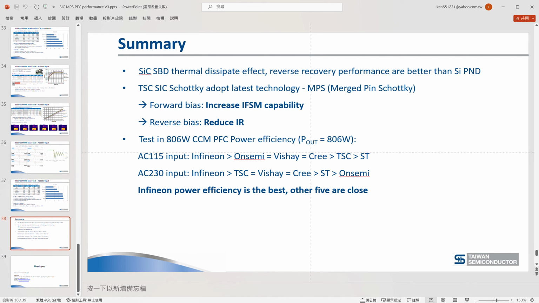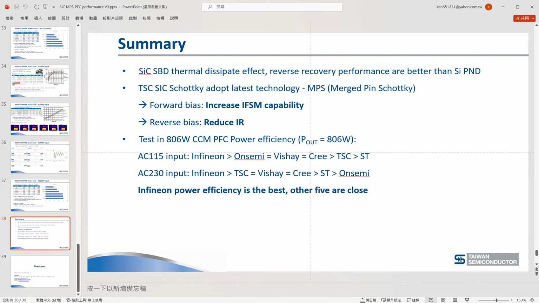So, summary, silicon carbide products' thermal dissipation and reverse recovery are much better than silicon-based products. And we, TSC, silicon carbide Schottky, adopt the latest technology, MPS. It has 2 benefits. The first benefit is that in forward bias, it can increase the maximum forward surge capability.